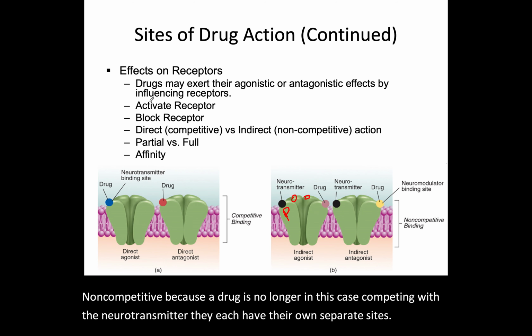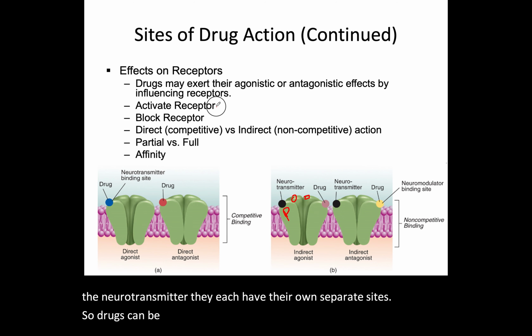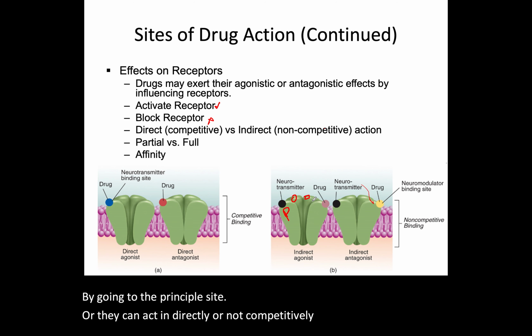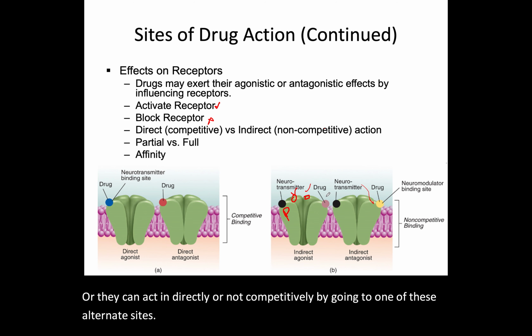So drugs can be given that either activate a receptor or block a receptor. They can act competitively or directly by going to the principal site, or they can act indirectly or non-competitively by going to one of these alternate sites. Here, here, here.